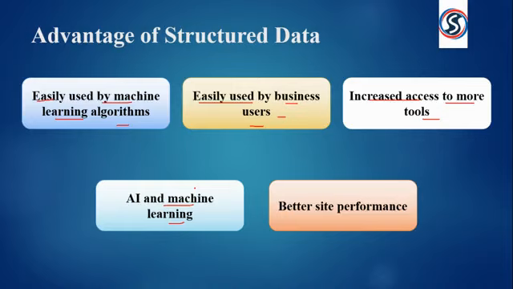Structured data is a huge step toward enabling artificial intelligence and machine learning, and it provides the semantic meaning needed for the computer to interpret what content is about and connect it properly to related content. Here the machine learns by reading data, identifying patterns and making decisions with minimal human intervention.